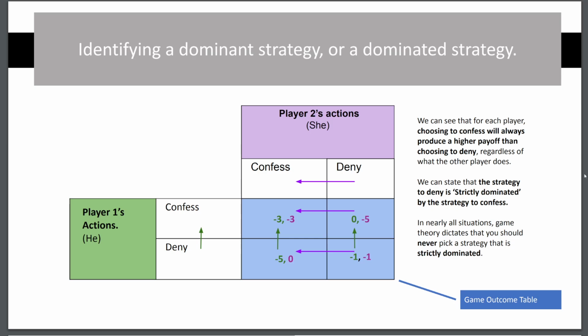If your partner stays silent, confessing ensures you go free. However, this leads to both players confessing, landing each with a worse outcome than if they had cooperated and stayed silent. This dilemma illustrates the tension between short-term self-interest and long-term mutual gain.